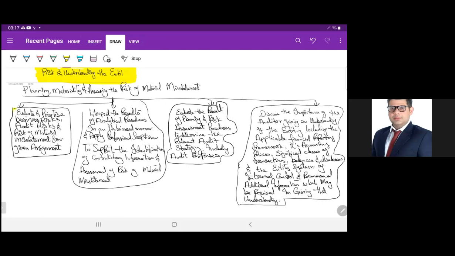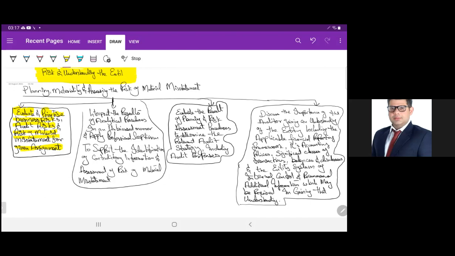So firstly, we have the question. First type of requirement is evaluate and prioritize business risks, audit risks, risk of material misstatement for a given assignment, right? So what used to happen previously, that either we used to get a business risk in a requirement, or a risk of material misstatement or audit risk in one requirement.